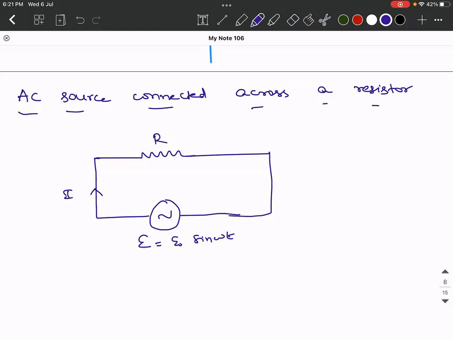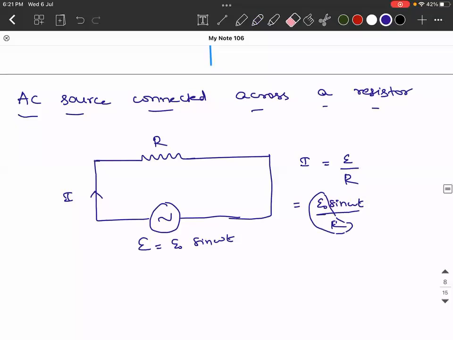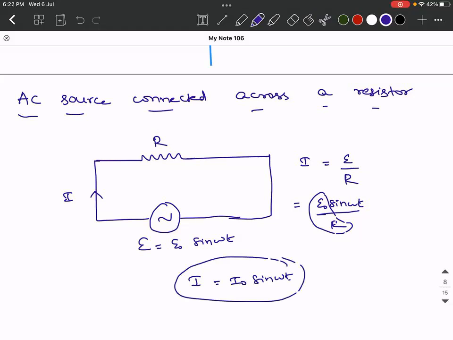Let's say the resistance is R, then the value of current I can write it as E divided by R, which will be equal to E0 sin omega t divided by R. This E0 divided by R, I can call it as I0. So E0 divided by R, I'll call it as I0 sin of omega t.